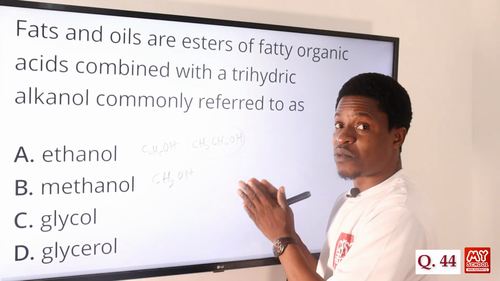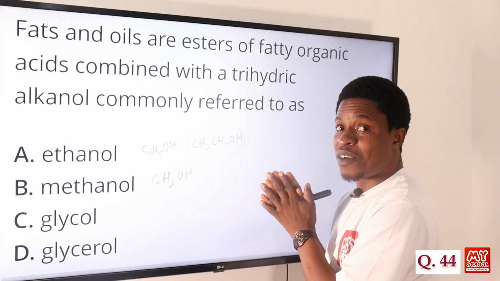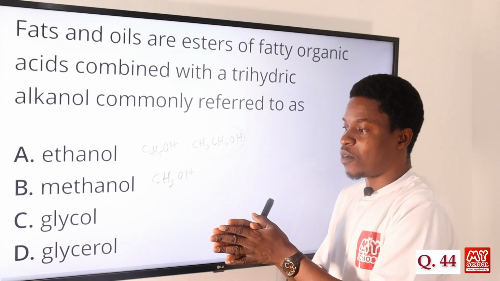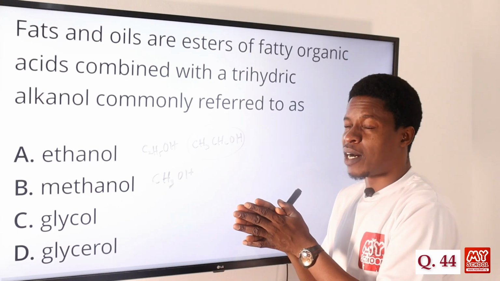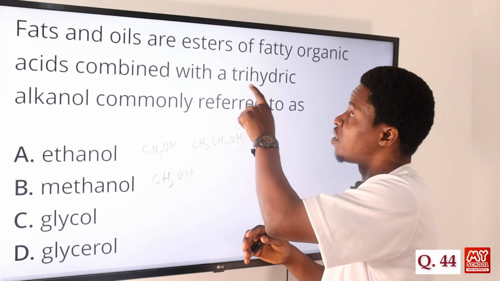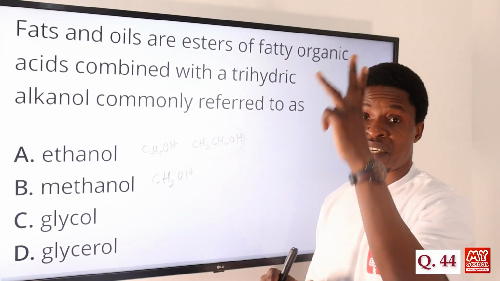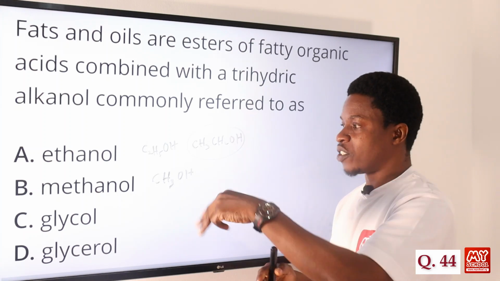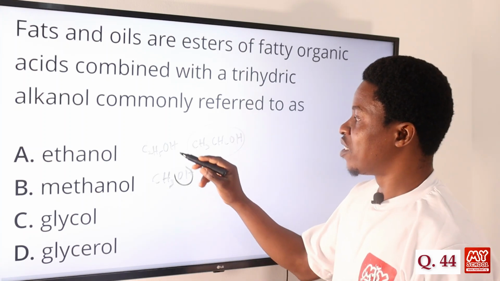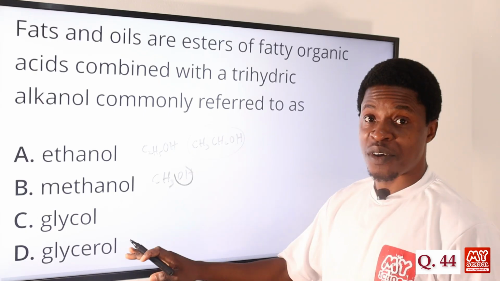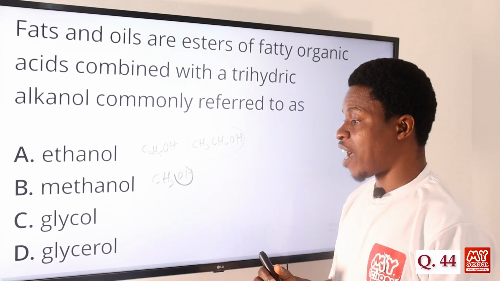Glycerol will be gotten as one of the products with the soap. That glycerol, we usually call it propan-1,2,3-triol. That's the IUPAC name for this trihydric, because we are saying we have 3 OH groups. This one has just one OH, but this one has 3. Propan-1,2,3-triol, we will not draw it for the sake of time. So we can just have the propane.